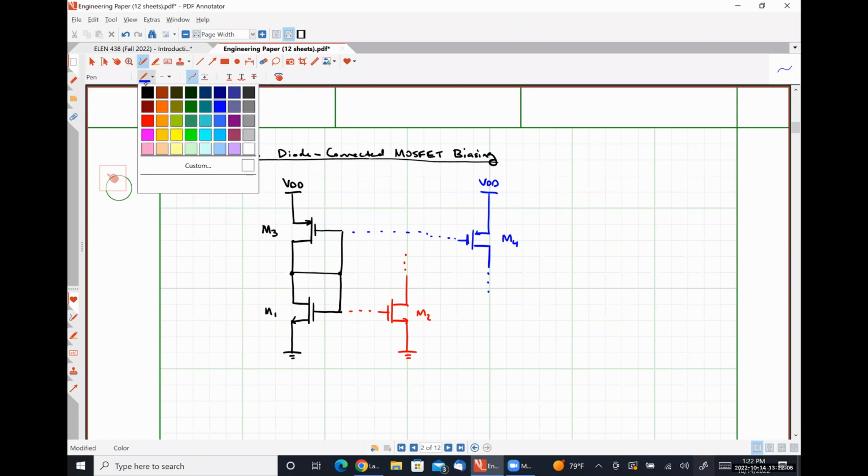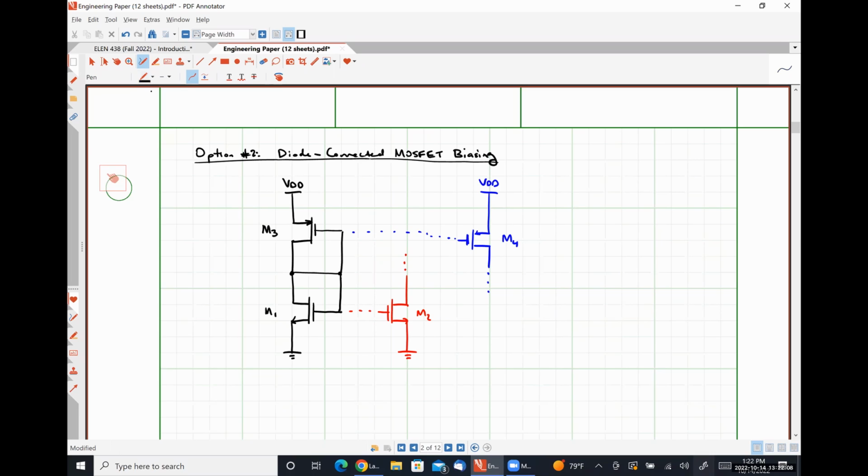So effectively, M3 is going to be carrying some current IREF. It could be supplying it, or it could be the current mirror part. M1 will be carrying a current IREF. It could be supplying it, or it could be taking it in as the current mirror part. And then depending on which part is acting as the resistor and which part is acting as part of the current mirror tells us what's going on out here.